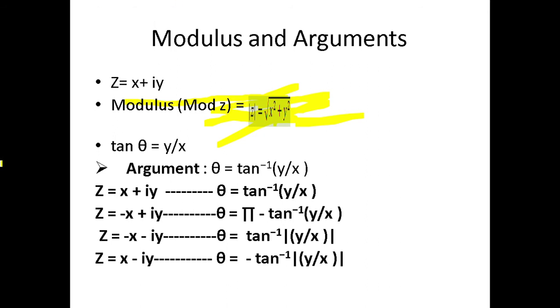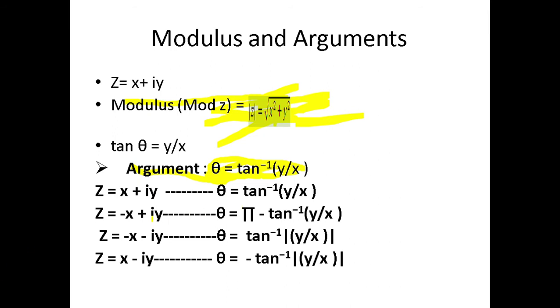Now if I have four quadrants: plus plus, minus plus, minus minus, plus minus. If I have x plus iy, then the angle will be tan inverse y upon x. If I have the form minus x plus iy, then theta equals pi minus tan inverse y upon x.